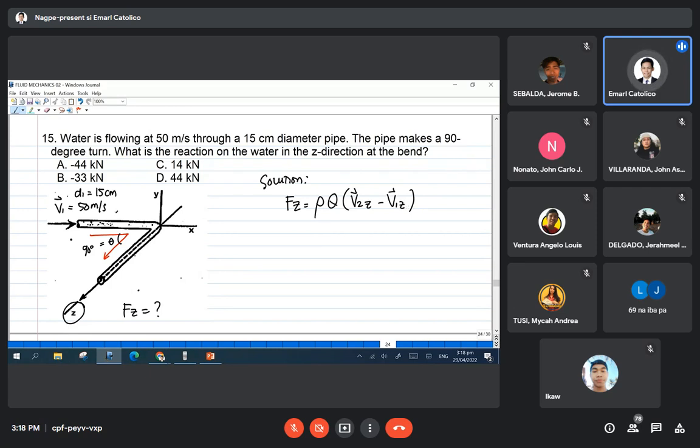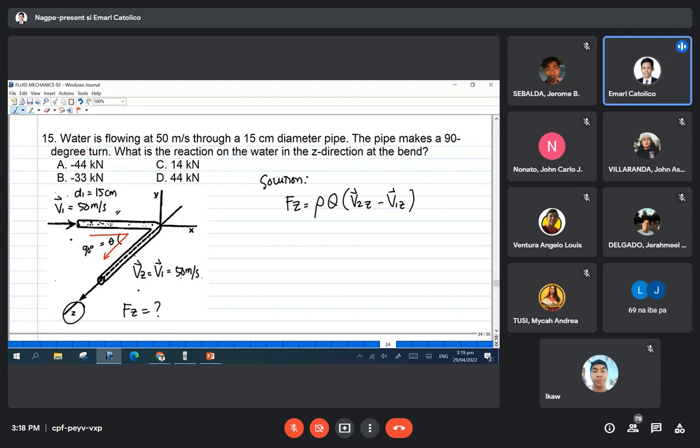Since yung velocity 1 mo sa C dumiretso, sa point C, therefore, yung velocity at C ay same ng V1. VC is equals to V1, 50 meters per second.